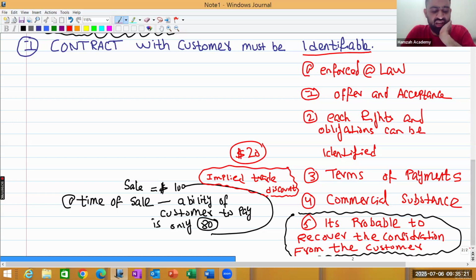Another example of the identification of the contract.